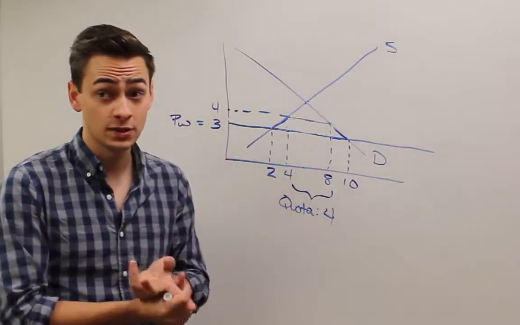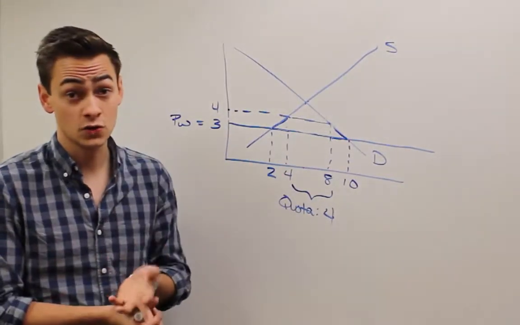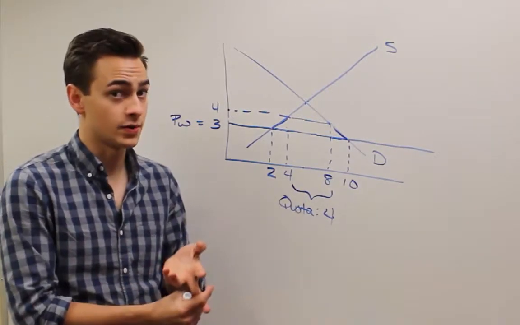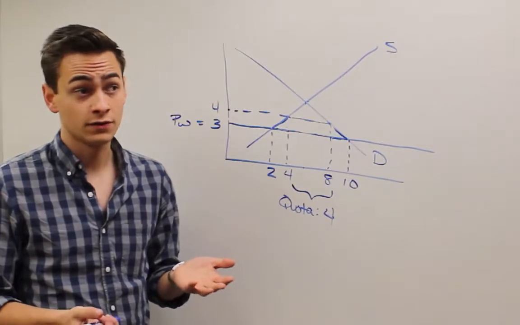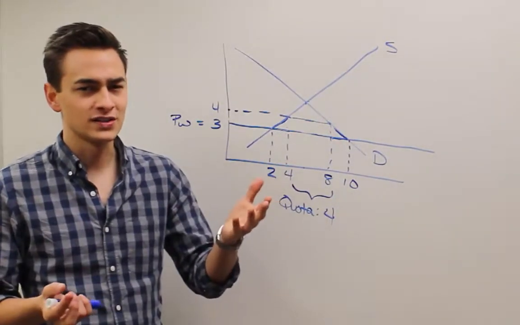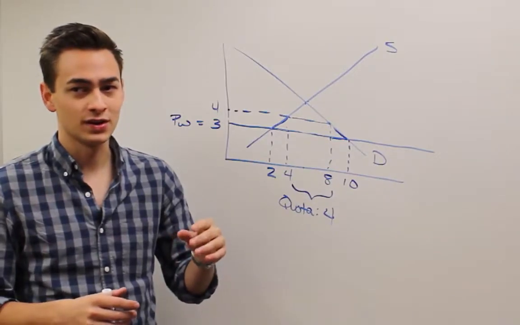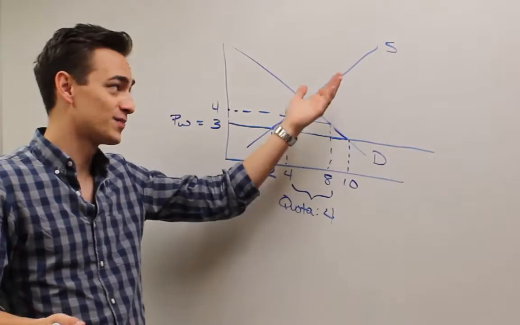They help domestic producers, more goods at a higher price. They hurt domestic consumers, less goods at a higher price. They can help the government if they get government revenue from the tariff explicitly, or they can auction the rights to a quota. That's more complicated, we'll get into that later. Both are ways that they can restrict trade to help domestic producers.